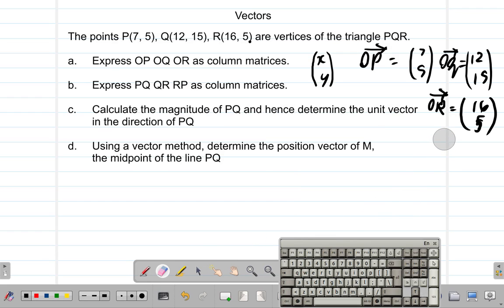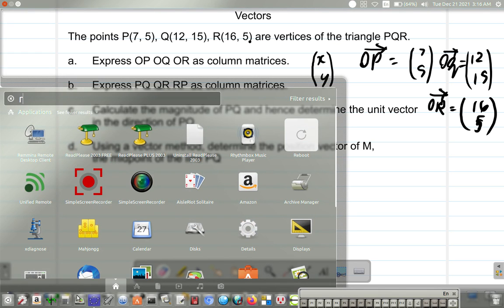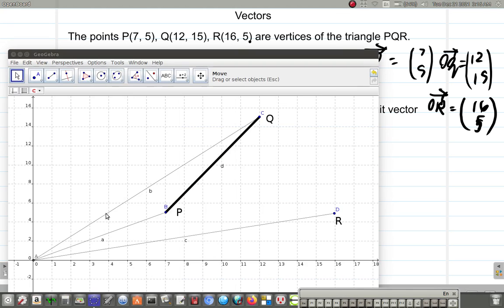Now, for PQ, from P to Q would be a vector addition. But as I said before, it's much easier when you can have a visual representation of what it is that you're doing.